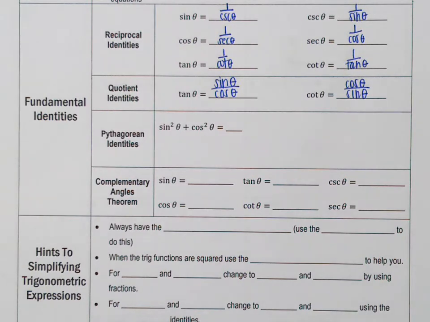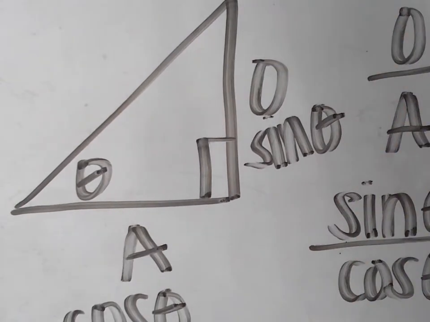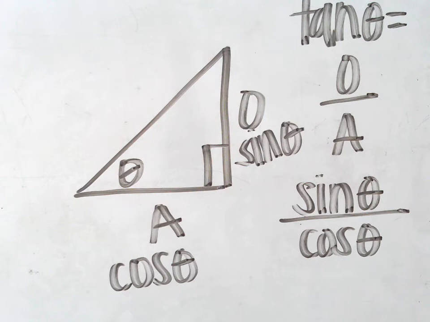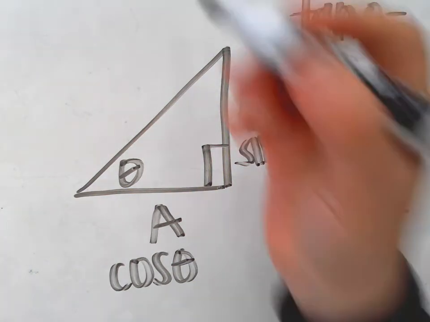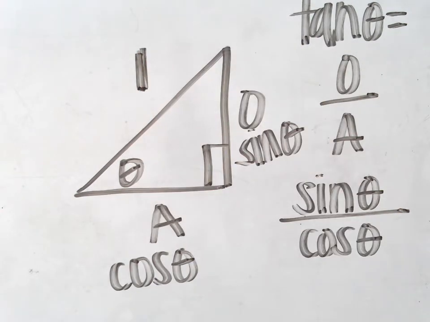So the Pythagorean identity, we're actually going to come back to here, and we're still going to use this exact same setup. We know in the unit circle that the radius, or the hypotenuse, is 1. And the Pythagorean theorem is a leg squared plus a leg squared equals the hypotenuse squared.